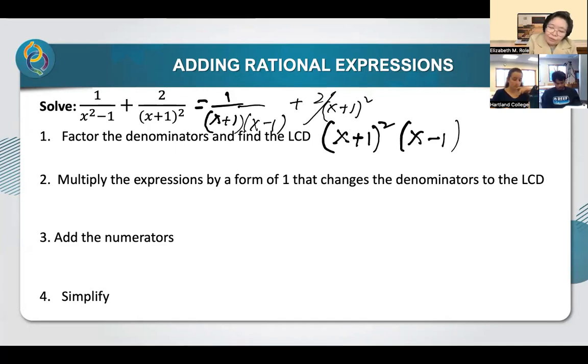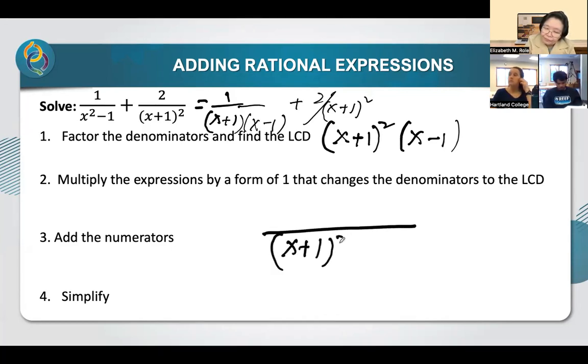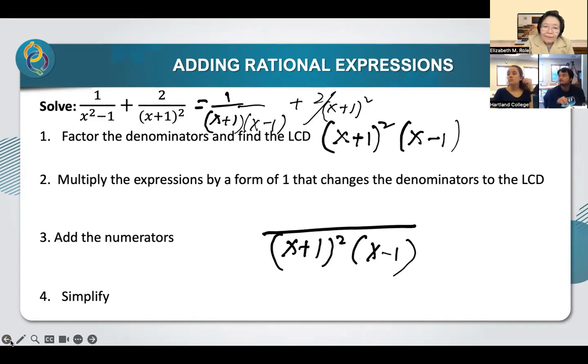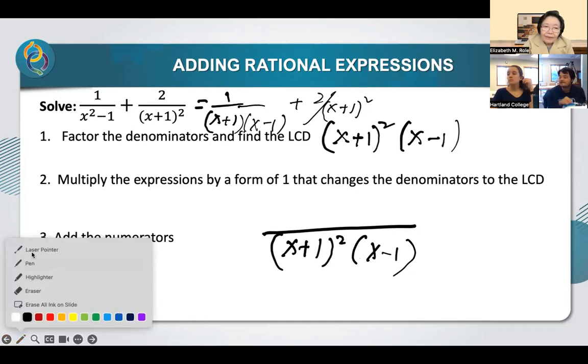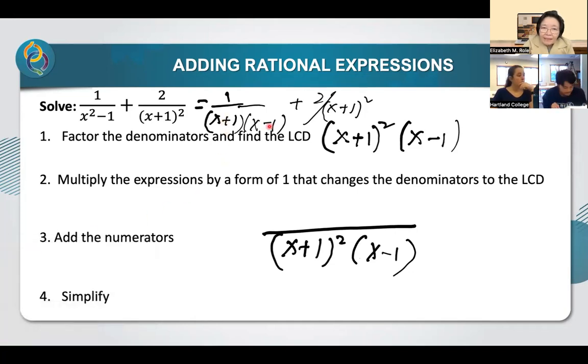Okay, so you can do number 2, but you can go directly if you wish to. Right? So what do we do? Yeah, so that this one will be x plus 1 squared times x minus 1.